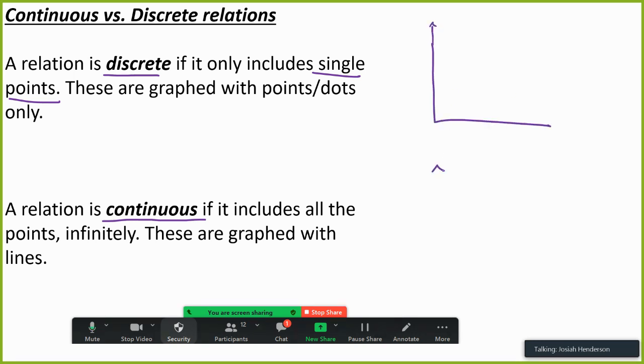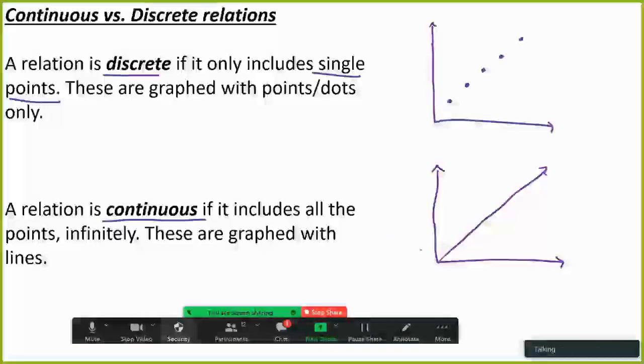So to compare them with pictures in their graphs, discrete would be just like 1 point at a time, where continuous would be a straight line. So that last example with the water coming out of the tank, that's an example of a continuous relation.